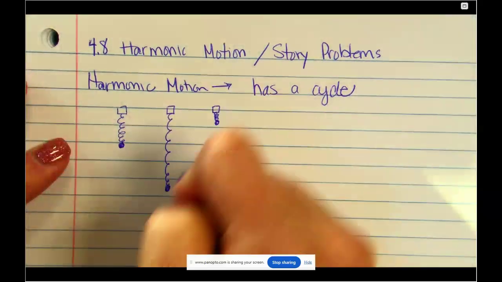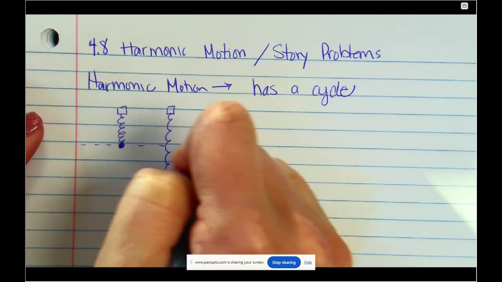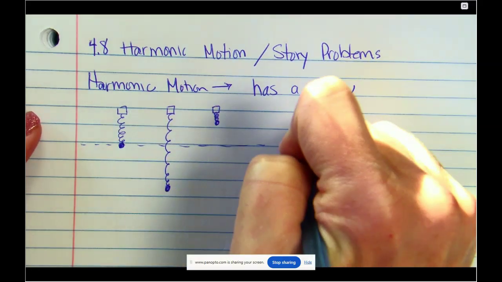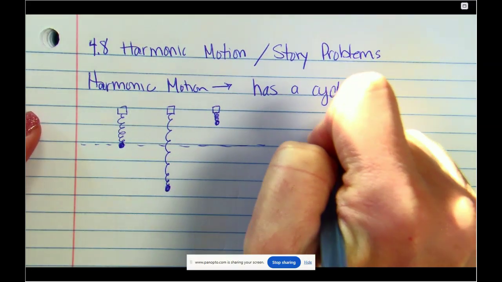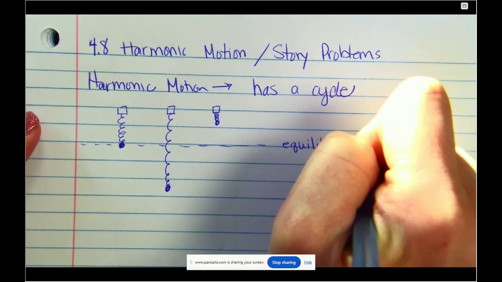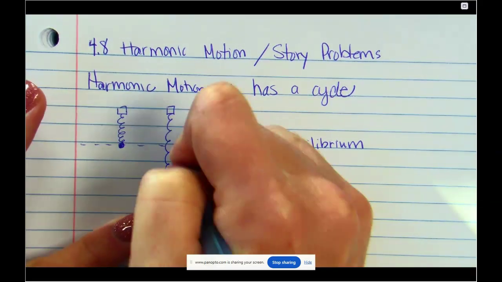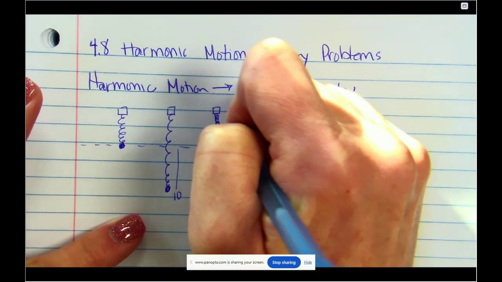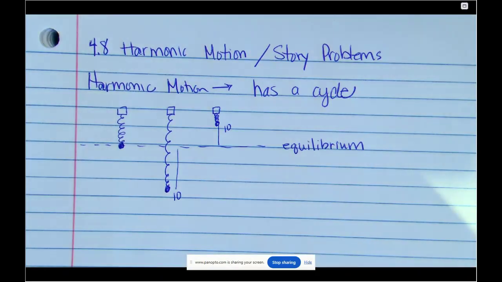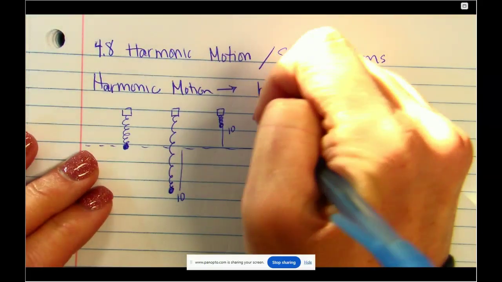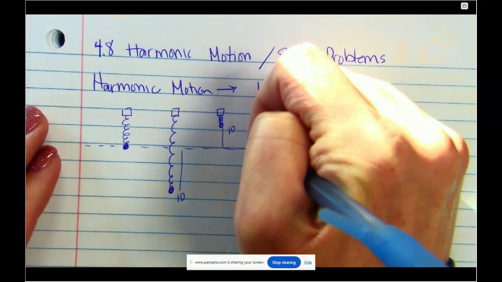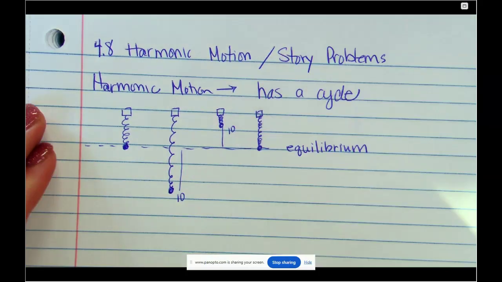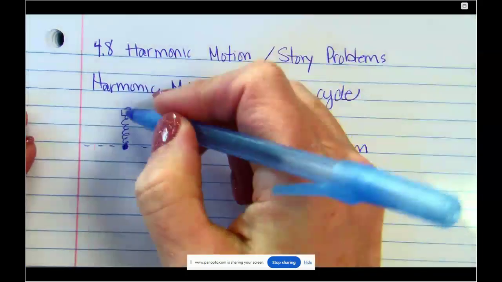So if this is what we will call equilibrium, this guy goes 10 below, and he goes 10 above, not drawn to scale, and ends up back at that midpoint after 4 seconds.